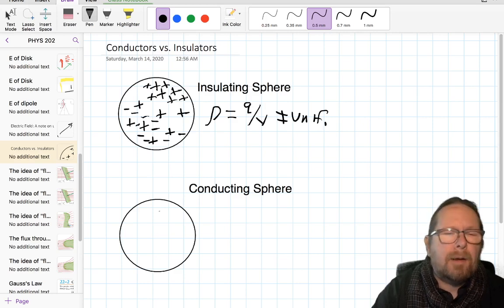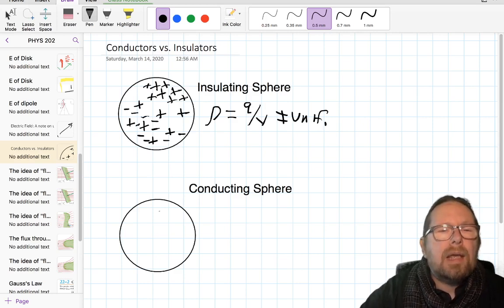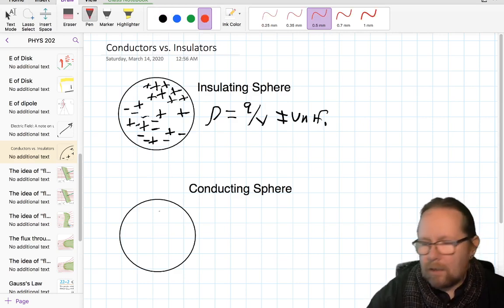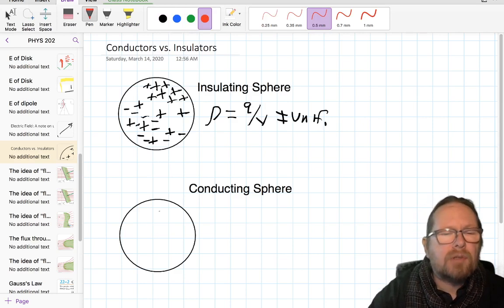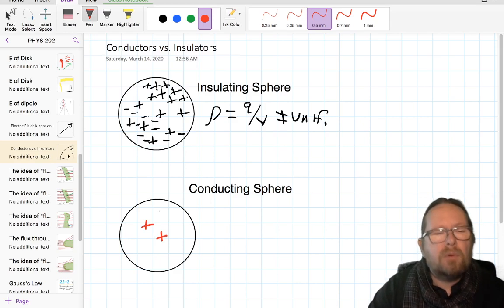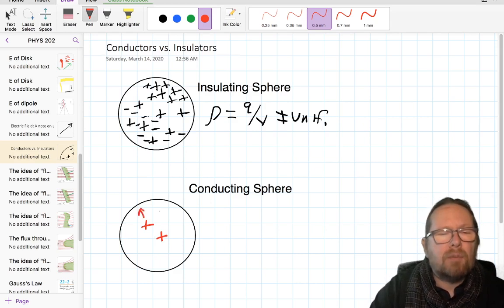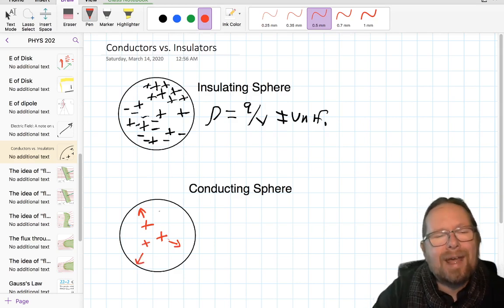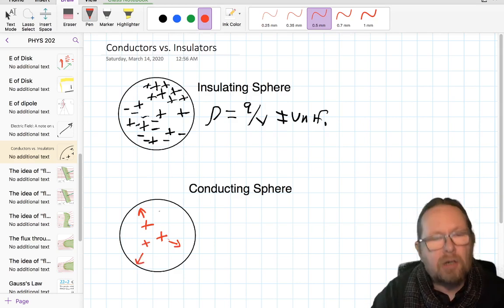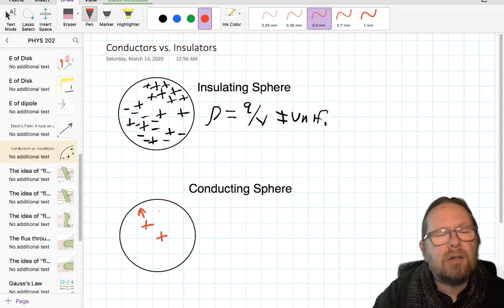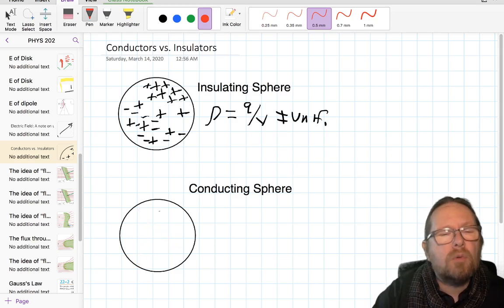In a conductor, on the other hand, if I put, say, two positive charges inside this conductor, they are free to move, and because they exert a repulsive force on one another, they will move as far away from one another as they can get, which means if I put an excess of electrical charges inside a conductor, those electrical charges will move to the surface of that conductor.